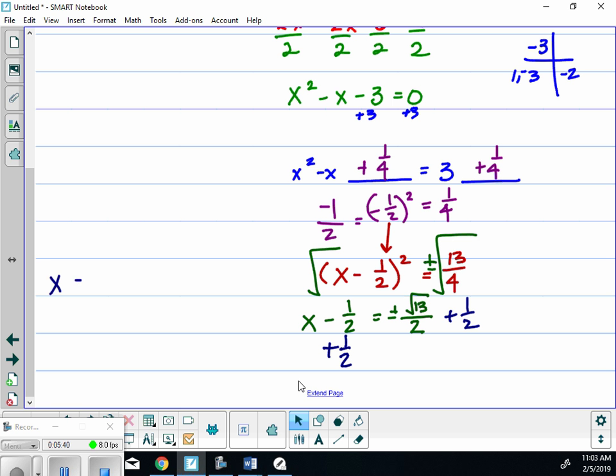So our answers would be 1/2 plus the square root of 13 over 2, and 1/2 minus the square root of 13 over 2. Or you could write it as 1 plus or minus the square root of 13 all over 2, if you want. There's a couple different ways to write that.